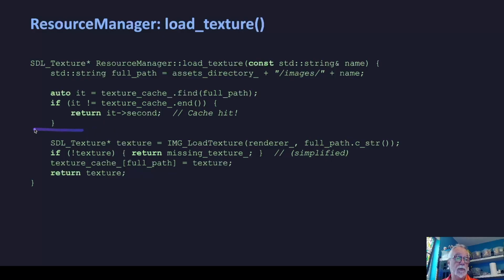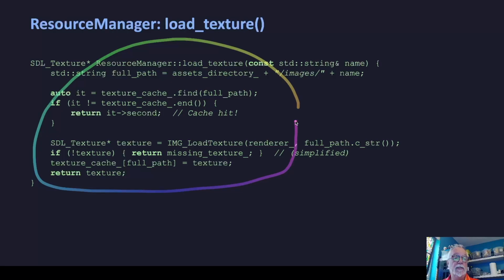Otherwise, we try to read it from disk. If we fail, we return a pointer to the missing texture. So this load texture is guaranteed to always return a pointer to a texture that can be used by the system that's calling it.